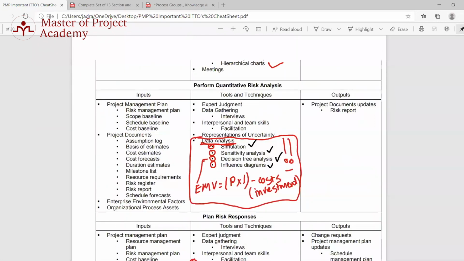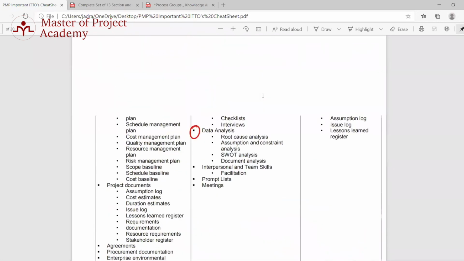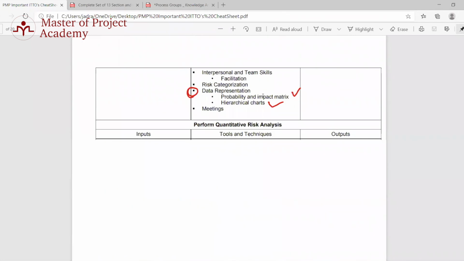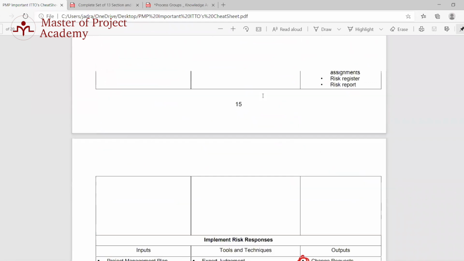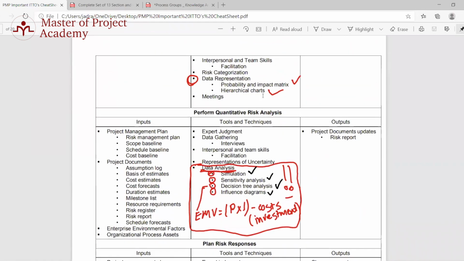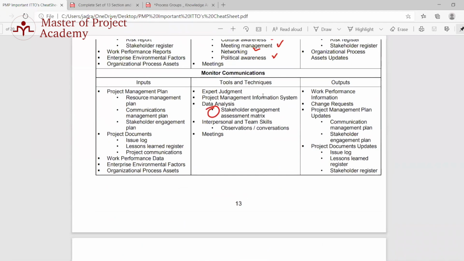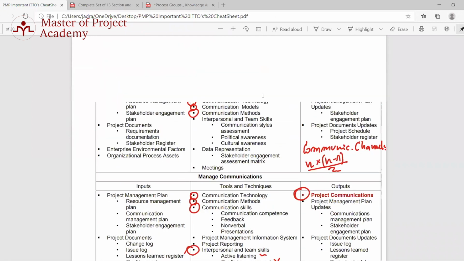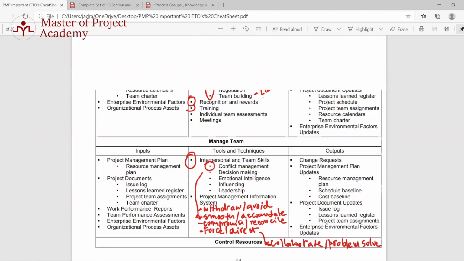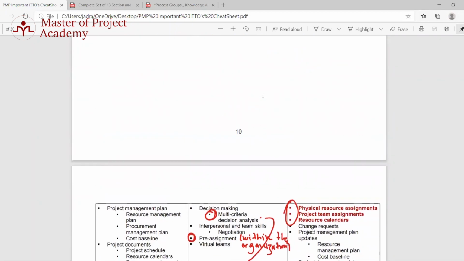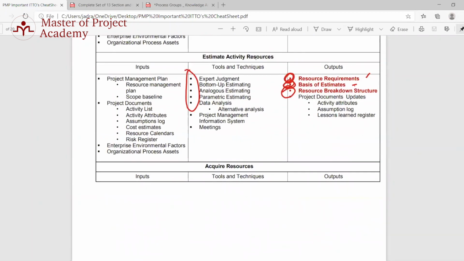So, for example, when we estimate resources, we have basis of estimates, and then we have resource estimates. Let me find it. Yeah, here, estimate activity resources. We have basis of estimates, and then we have resource estimates of the resources.